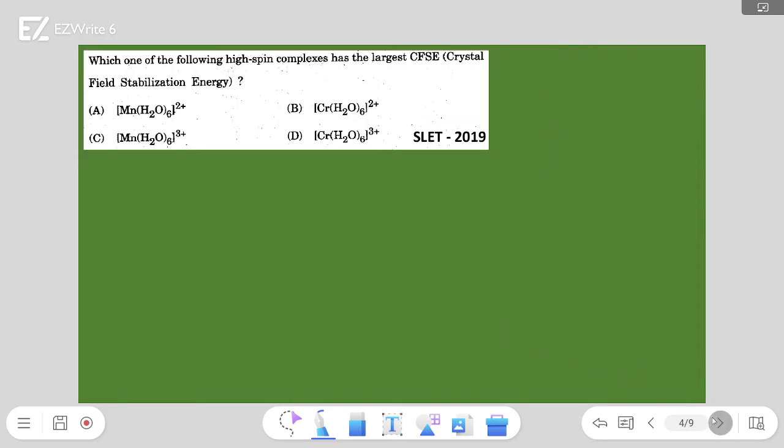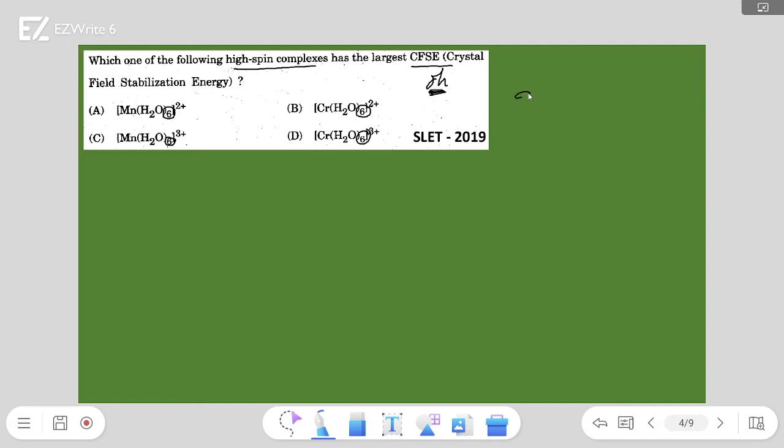Moving to another question. Which one of the following high spin complexes has the largest CFSE? Now, you can see that the coordination number in all the 4 complexes is 6. When the coordination number is 6, it is fundamentally octahedral.